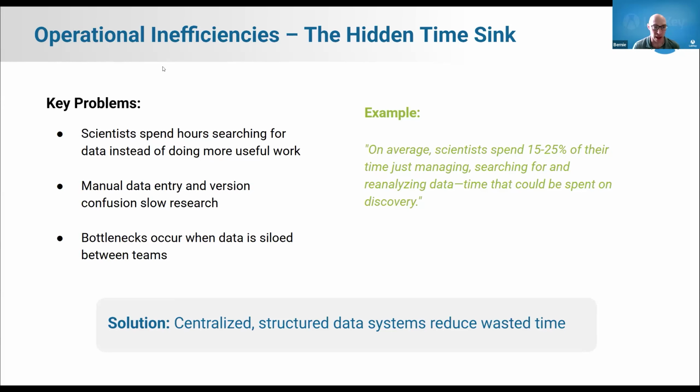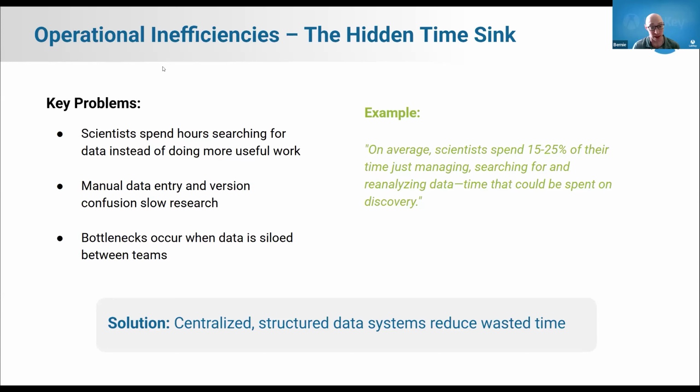Manual data entry, version confusion, and other sorts of things that ultimately slow research down. And then bottlenecks produced when this stuff is spread out across different teams, ultimately forming silos. I have a series of examples on here that are real, kind of doing a poll of some of our existing clients.